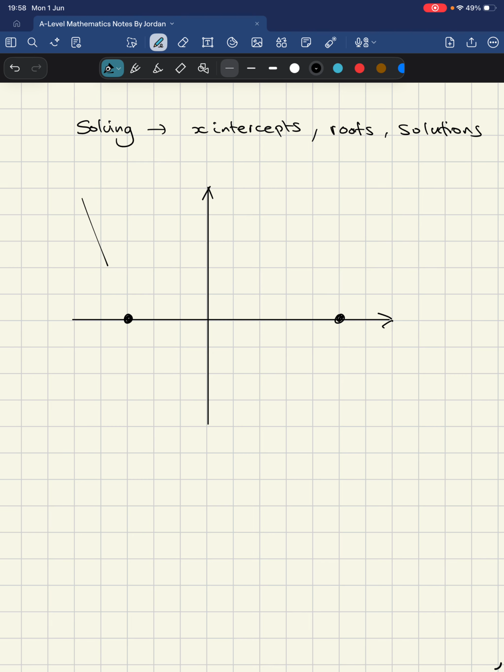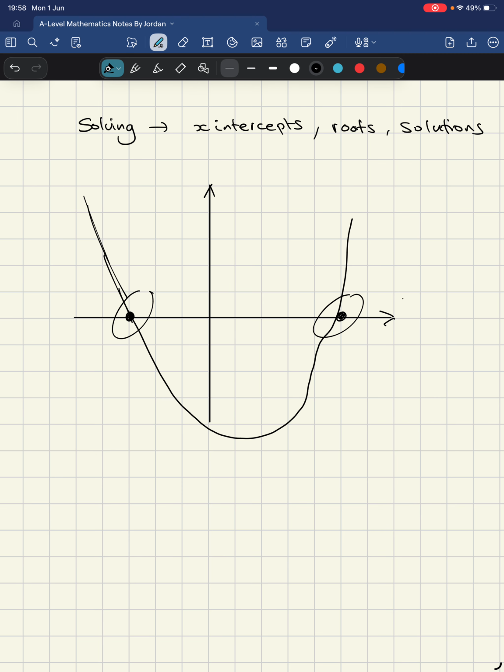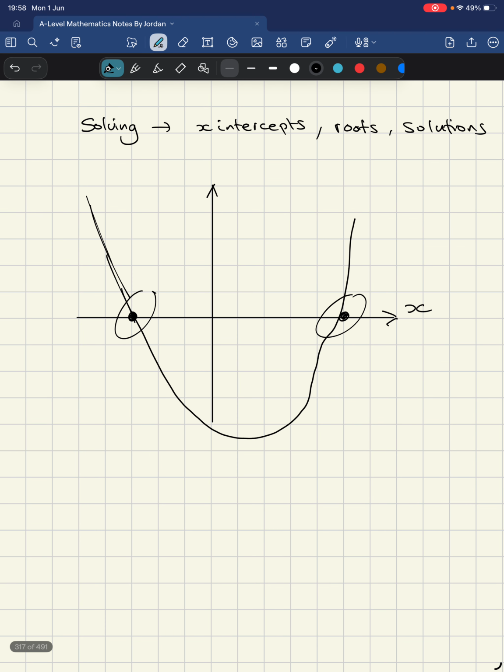Okay, so it might look something like this. Where it crosses here, these are what we call the x-intercepts, because we have the x-axis here, and these 2 points is where the x-axis is crossed. That's what we call the x-intercepts, or roots, or solutions, whatever you want to call them. Okay, so that's why we're doing it.